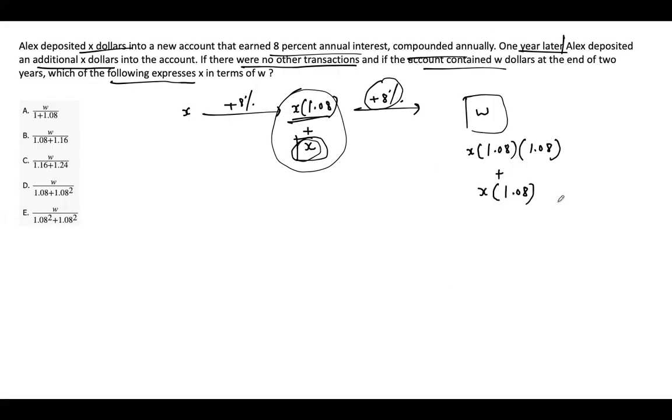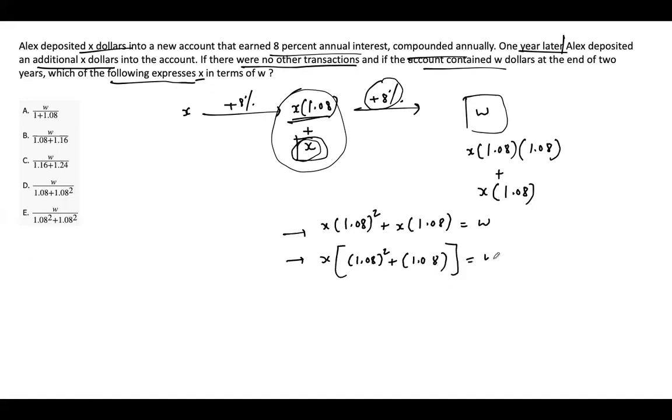Then this is equal to W. So X into 1.08 square plus X into 1.08 is equal to W. You need to express X in terms of W. So we'll take W on the left hand side. Why?